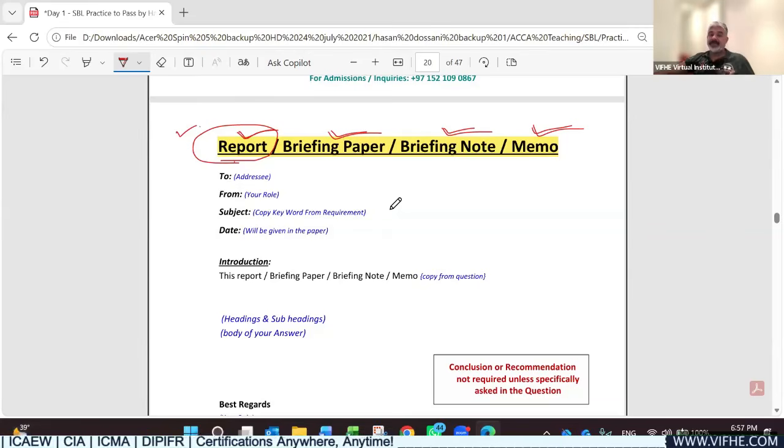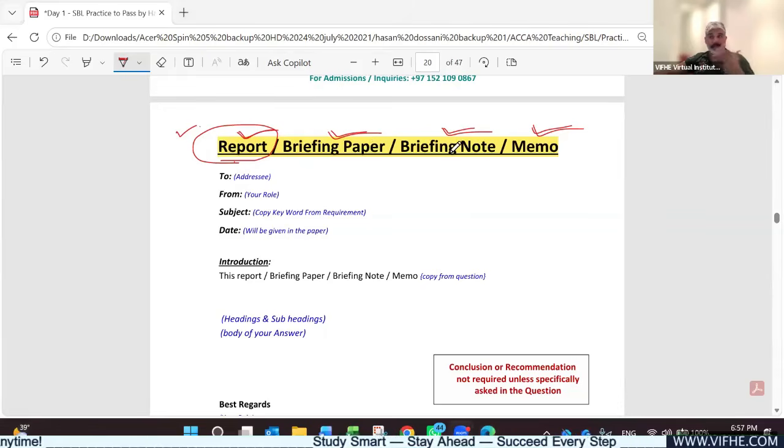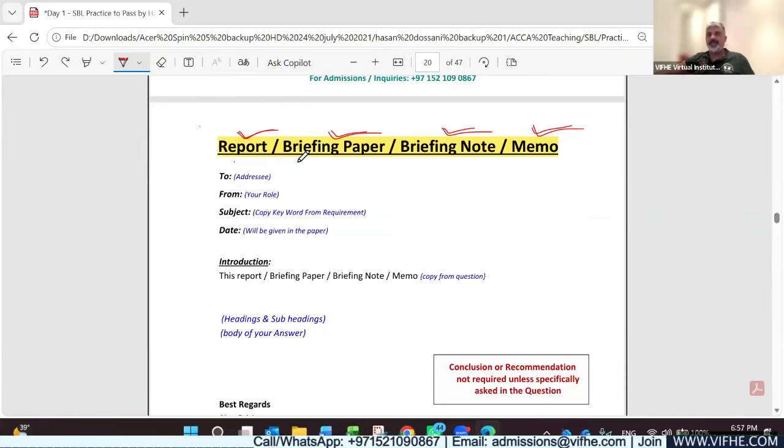If the examiner asks you for a memo, on the top you will write memo. If the examiner asks you for a briefing paper or a briefing note, on the top you will write briefing paper or briefing note. Is that clear, guys? Thus the top heading will change. Rest everything is the same, okay? Only the top heading will change.